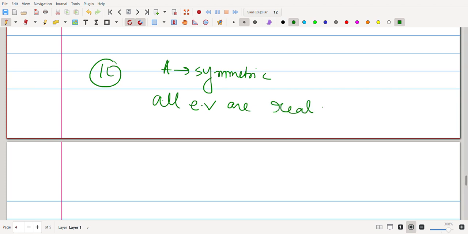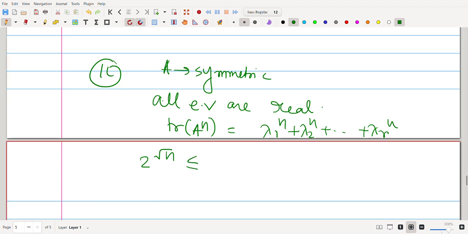The given relation is, okay, then the trace of A power n will be lambda 1 power n plus lambda 2 power n plus up to lambda r power n, because it has r many eigenvalues, lambda 1 to lambda r, not necessarily distinct, but this is true. So by the given condition, it should satisfy this condition, right?